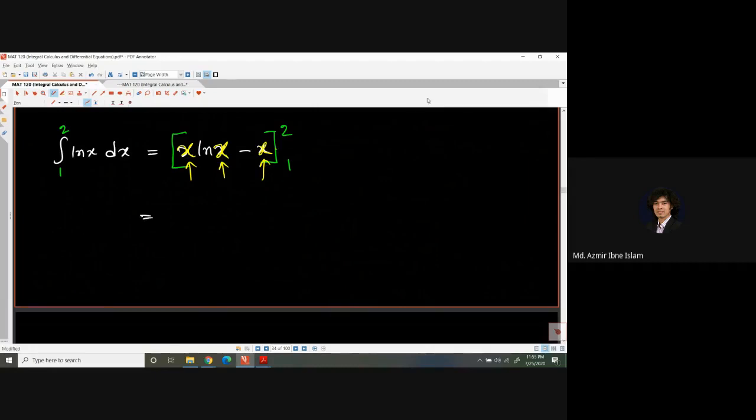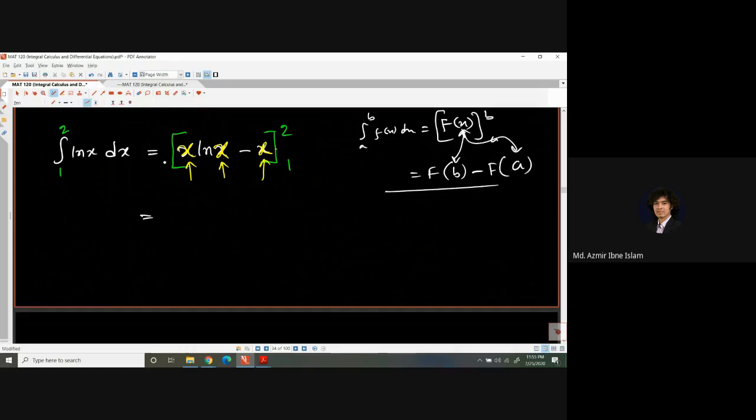So here recall the fundamental theorem. If we have the integral from a to b of f of x dx, then capital F of x is the antiderivative, where we input the upper limit for x, negative where we input the lower limit for x. That is what is known as the fundamental theorem of calculus. So here we have x.